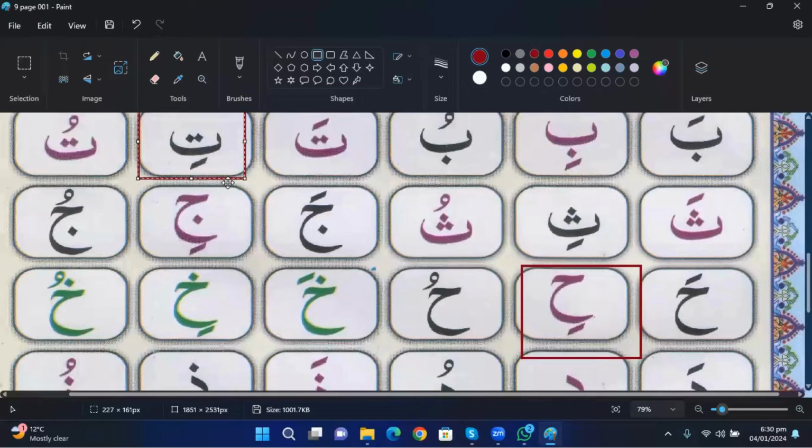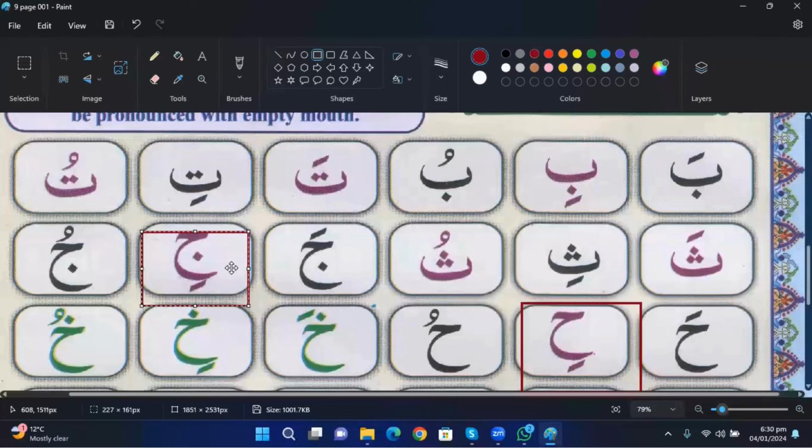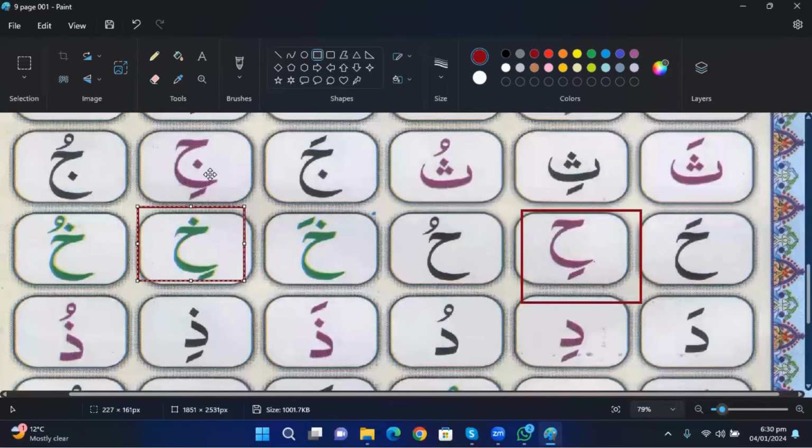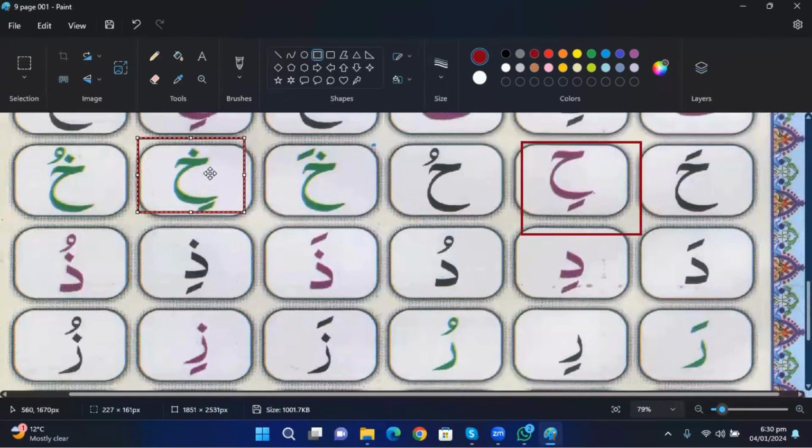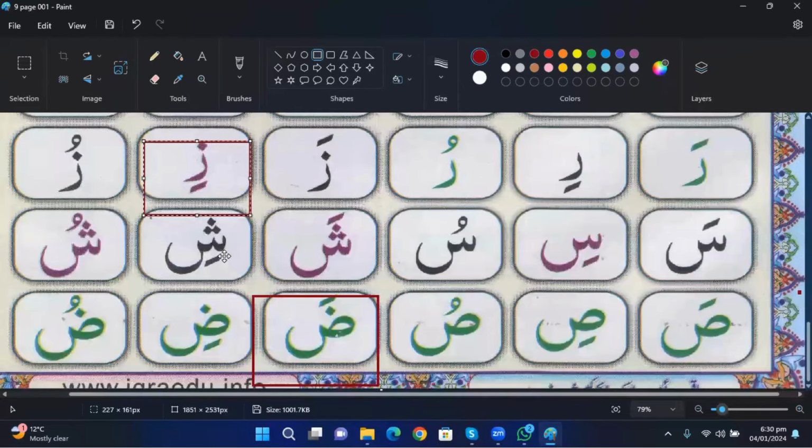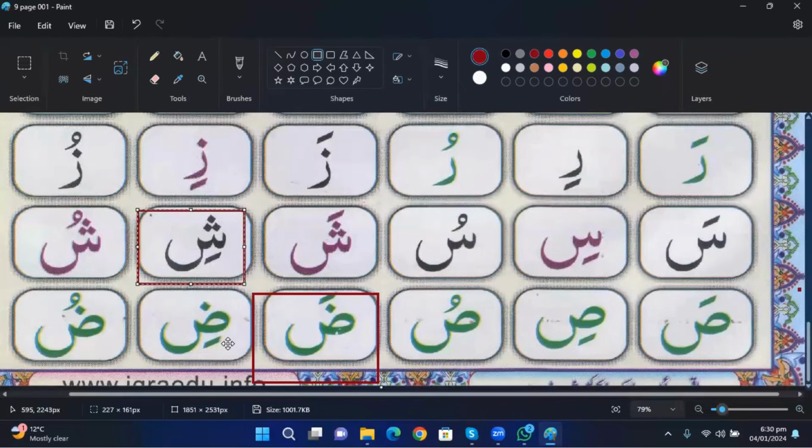Ta kasra ti, jim kasra ji, kha kasra khi. You can mention to your student that green letters we need to read with full mouth. Zal kasra zi, it will be soft. Za kasra zi, shin kasra shi, dwad kasra di.